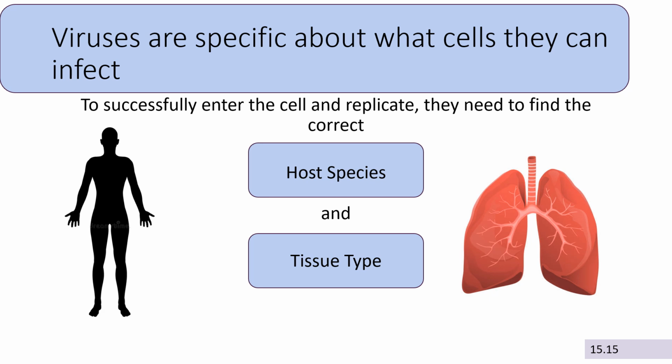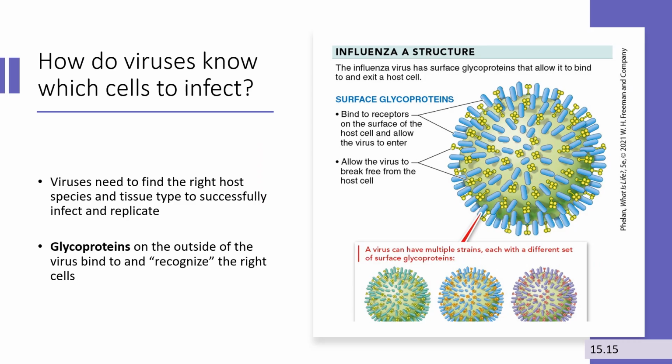So a virus can infect your lungs, but may not affect your digestive system. Again, that specificity is because the virus needs to recognize the right cell by binding to specific molecules in the cell's plasma membrane. For many viruses, the molecules that bind to molecules on the host cell are glycoproteins.